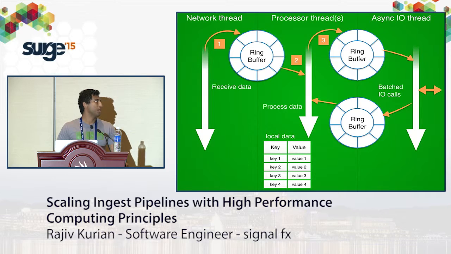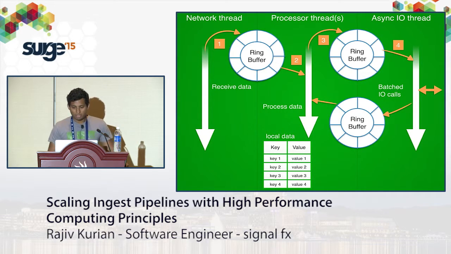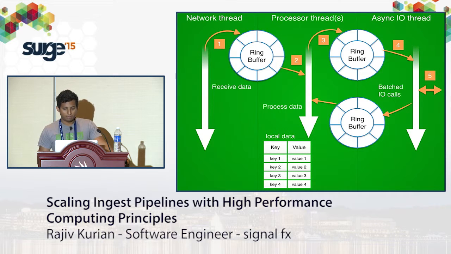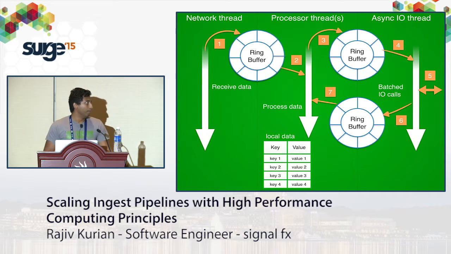It's not paused at any time. This async I/O thread will batch a lot of these requests and make a big batch call. Once the results come back, it's going to send them back to the thread that requested it. And then that little data point that it had stashed is going to pick it up and continue processing. So the processor thread was never, ever blocked on I/O. It just kept moving on.